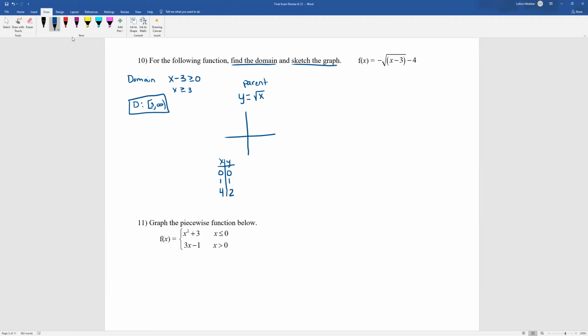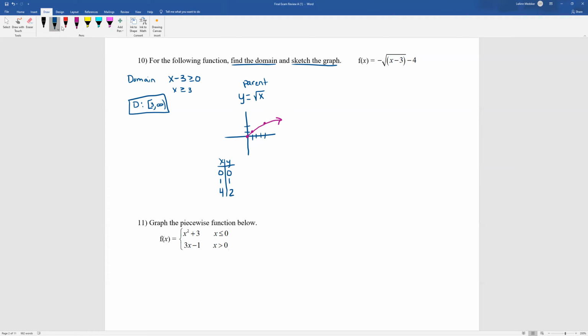And we're getting those numbers by just plugging them into this parent equation. So if I plot that, in a different color so we can see it, I have 0, 0. Let's put some marks on our graph. We also have 1, 1, and 4, 2. Okay, so that's the parent function.